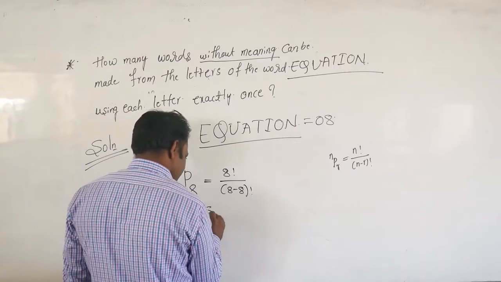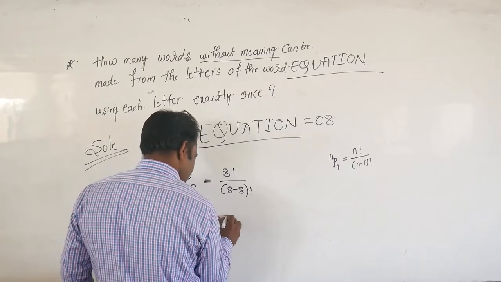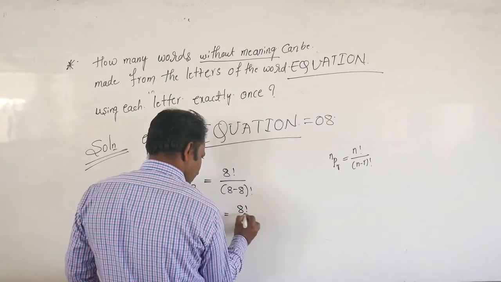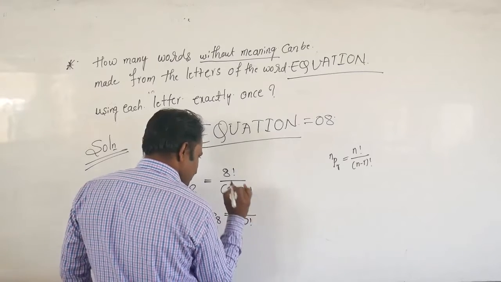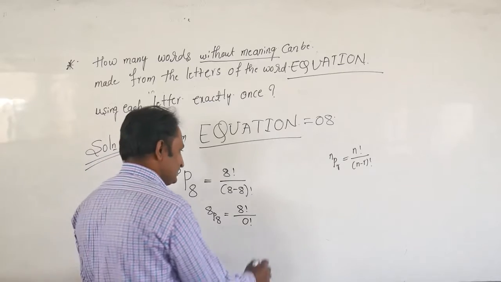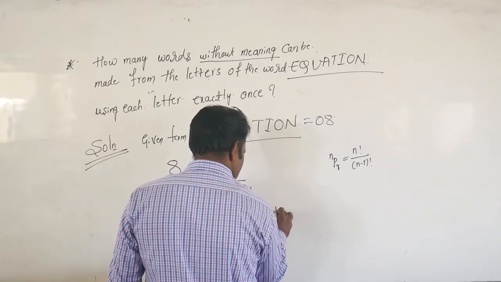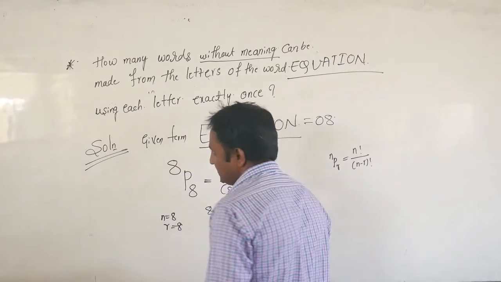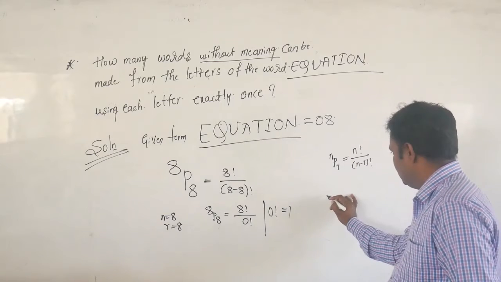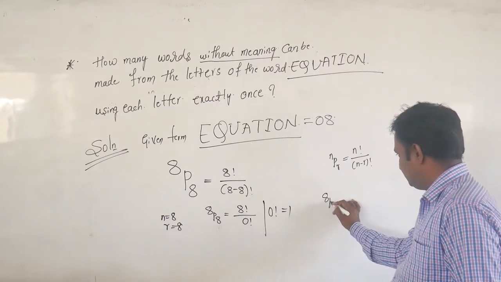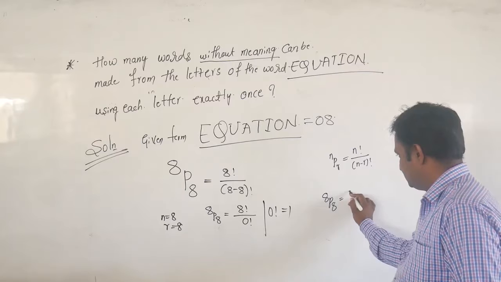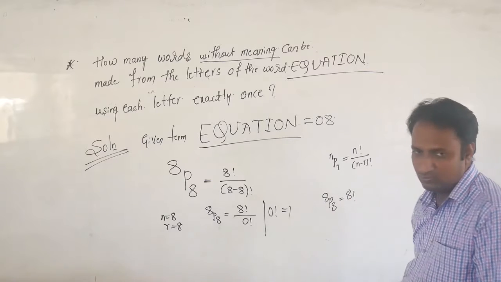That implies 8P8 is equal to 8 factorial divided by 0 factorial. We know that the value of 0 factorial is 1. That implies 8P8 is equal to 8 factorial.